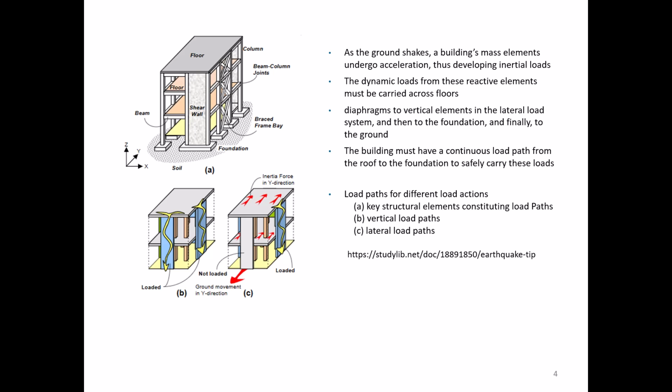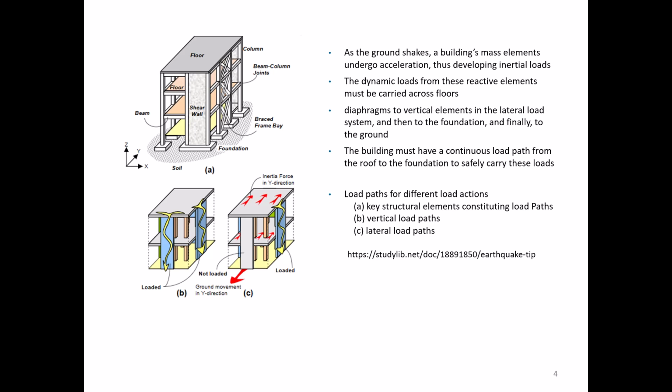So these are some ideal concepts for generic buildings. We have a floor at the top left image, and those floors function as diaphragms, shear diaphragms. There are cross beams, there are columns, and there can also be shear walls. The shear walls and the columns have to bear the weight load of the building, including all its contents.